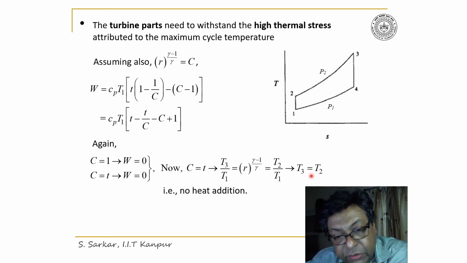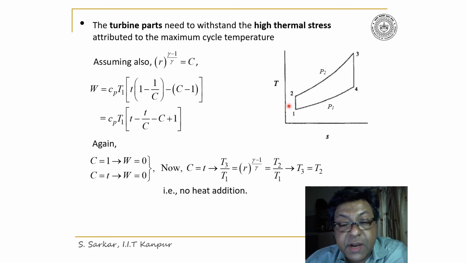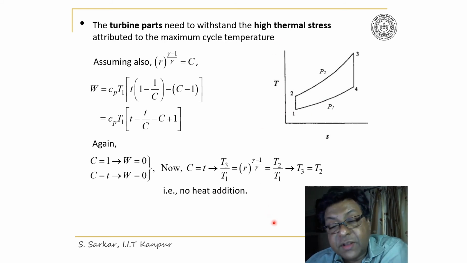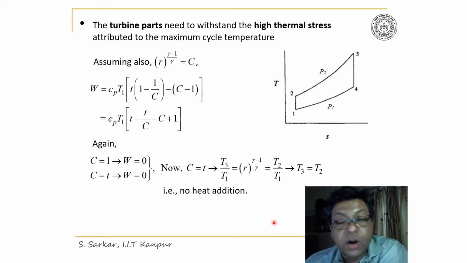So you are in a situation where we can prove T3 by T1 is equal to T2 by T1. That means T3 is equal to T2. If T3 is equal to T2, that means no heat added to the cycle. That's why work output is 0.